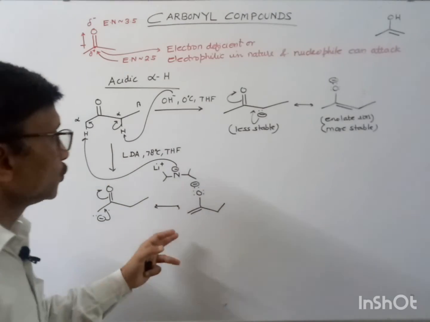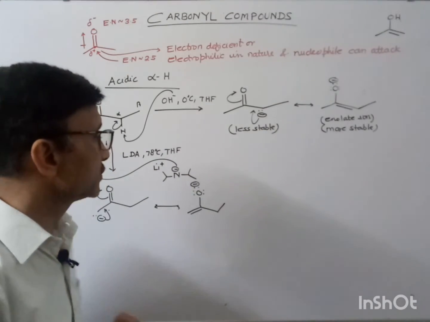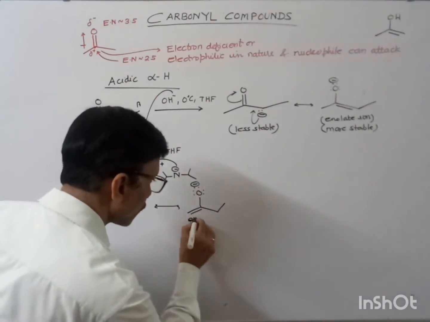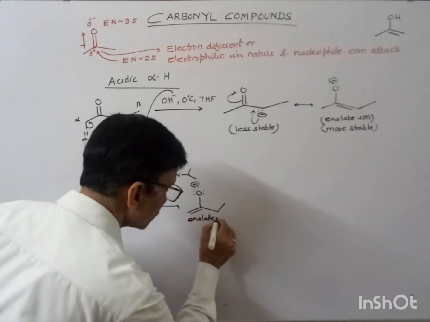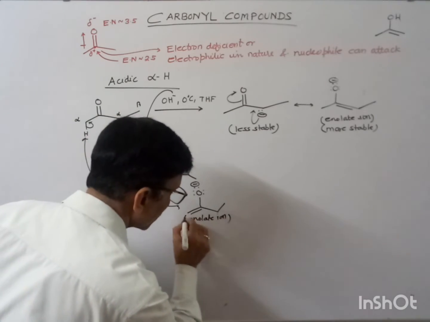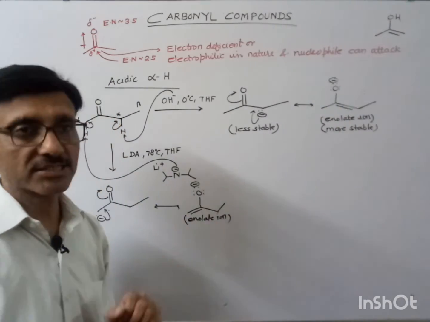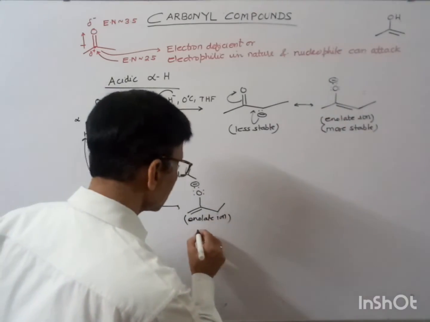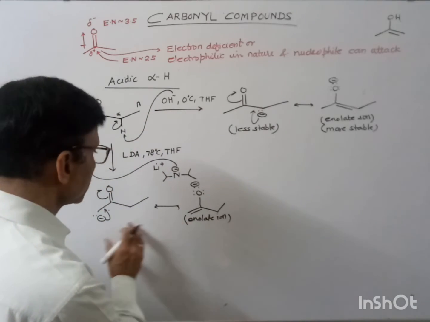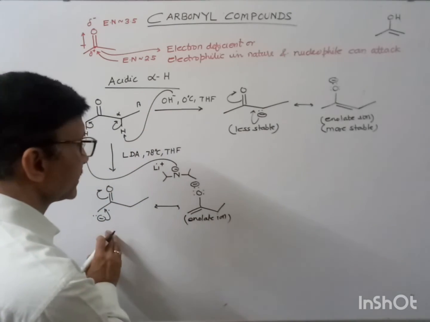Now out of these two enolate ions which are formed, which is more stable? Now this is more substituted, this is less substituted. So out of these two, no doubt this is more stable, and this is less stable.